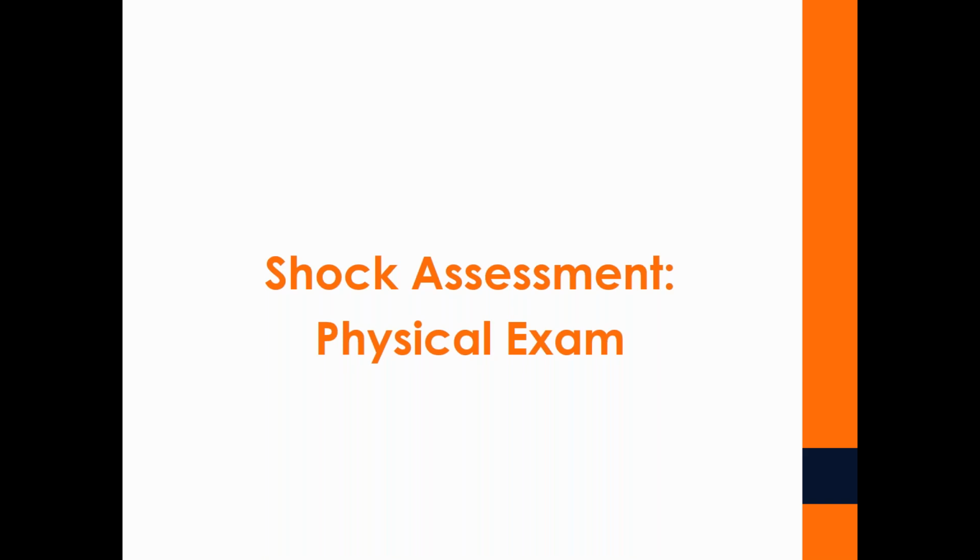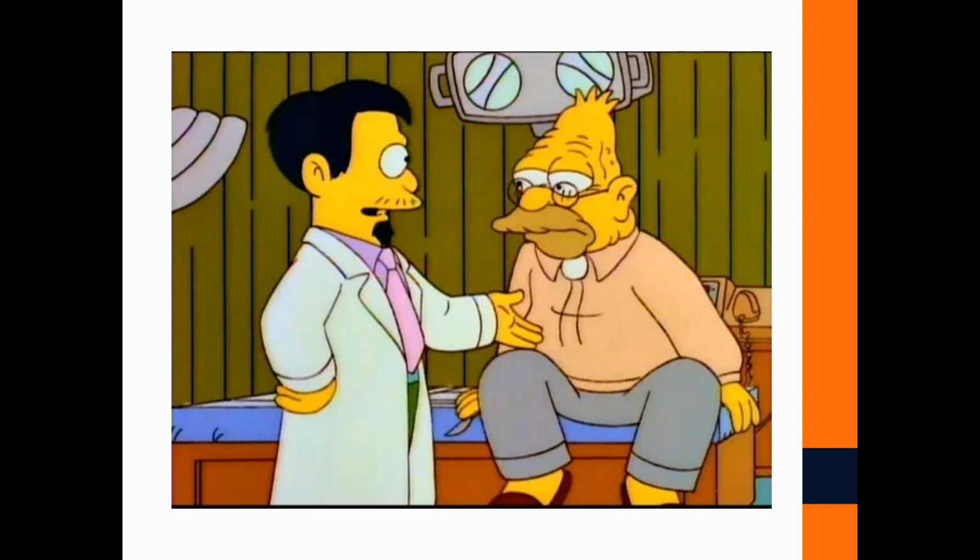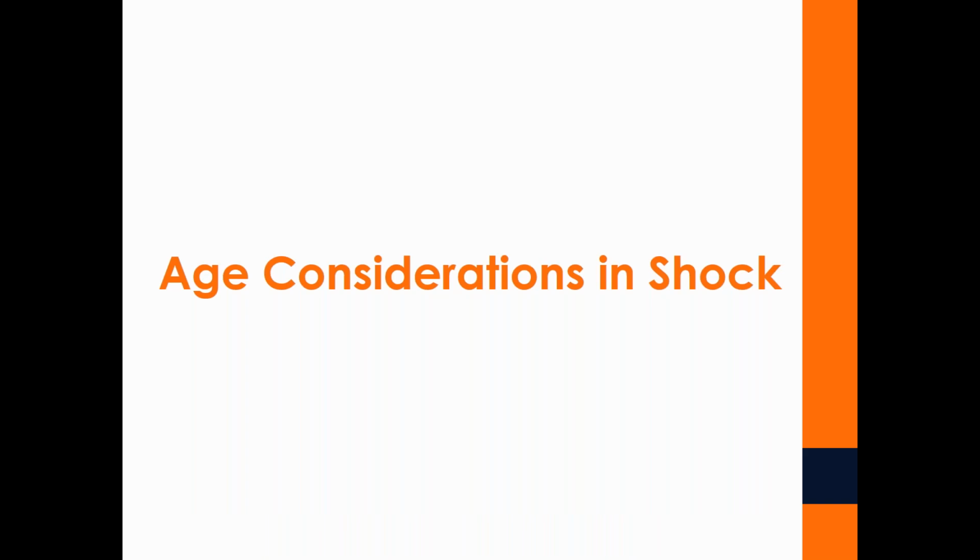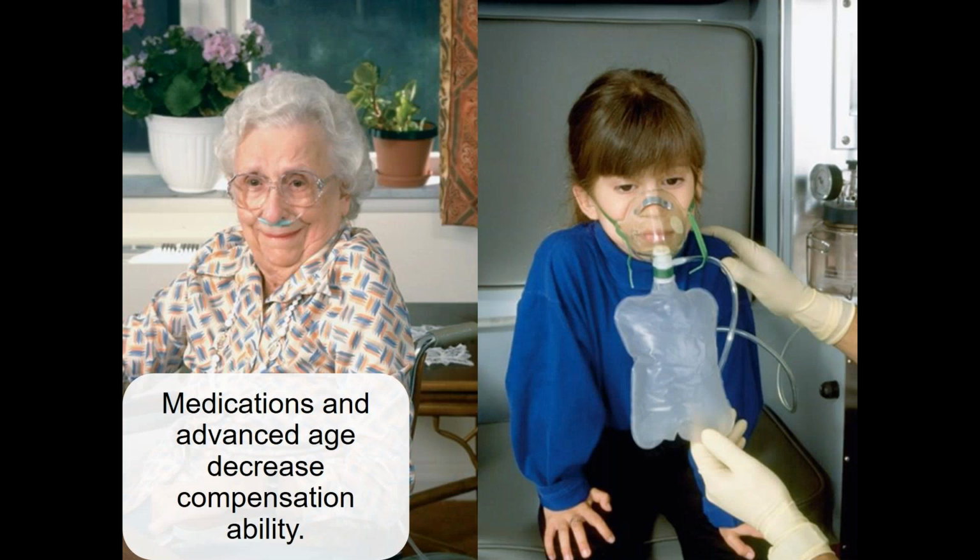So there are some age considerations. There are some medicines and such that can actually delay our patient's ability to compensate. When we talk about the elderly, folks are often prescribed multiple medicines. Generally, they start having some issues with their heart as they get older.